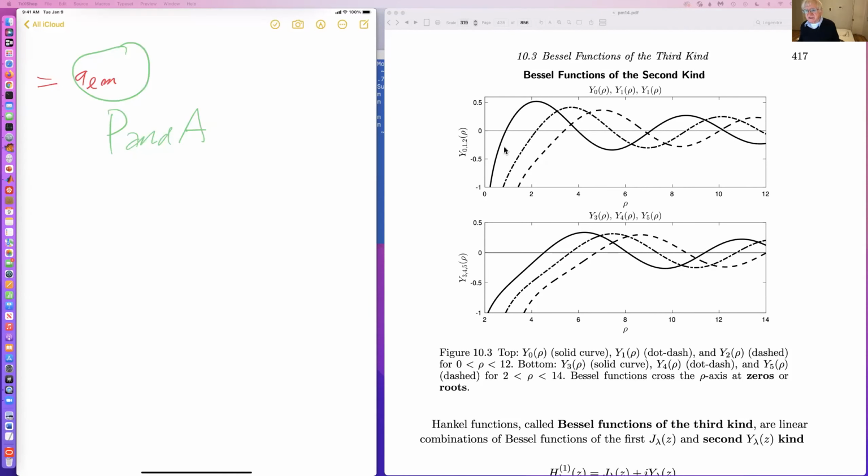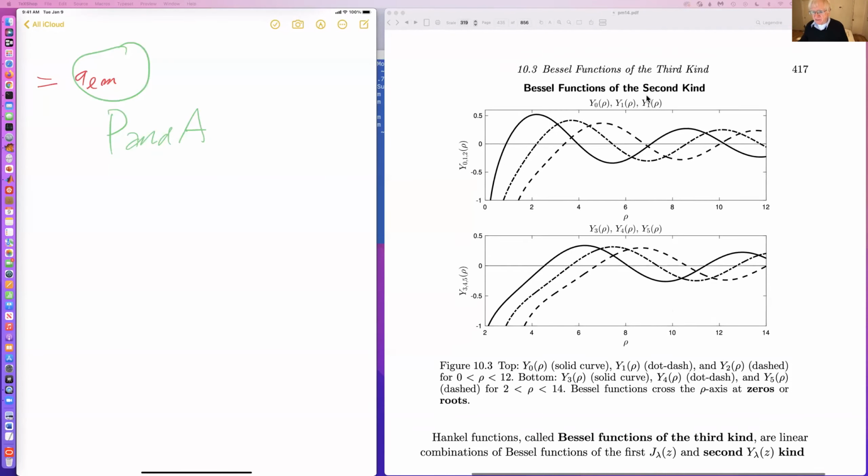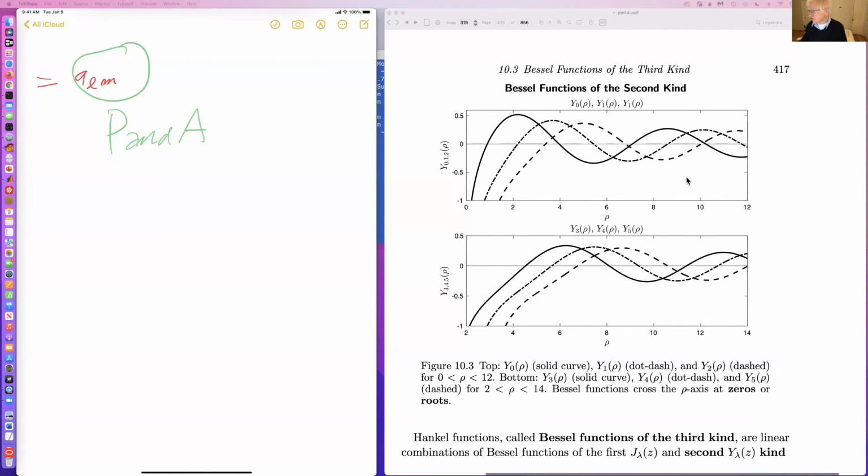In that case, you need to allow for the possibility of these functions occurring. Whereas if we know that the physics is finite and the whole region from rho equal to 0 to rho equal to infinity is part of the problem physically, then we don't need the Y's at all.